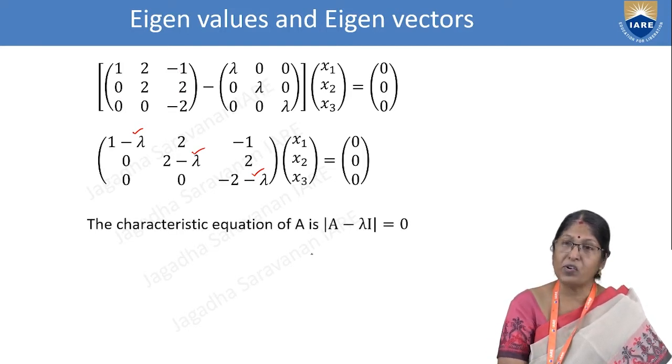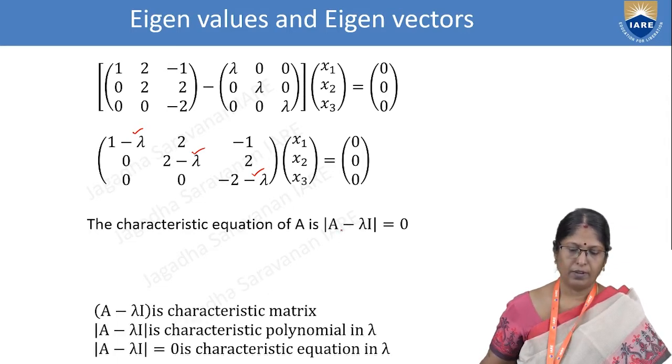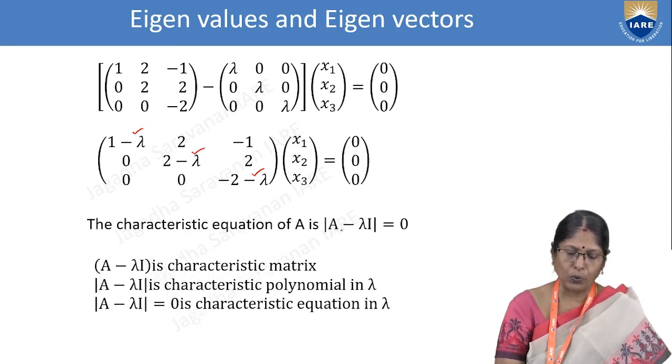Now the characteristic equation of A is determinant of (A minus lambda I) equal to 0. This we have to keep in mind. These notations we have to keep in mind very strongly, because throughout eigenvalues and eigenvectors, these notations will play a role.